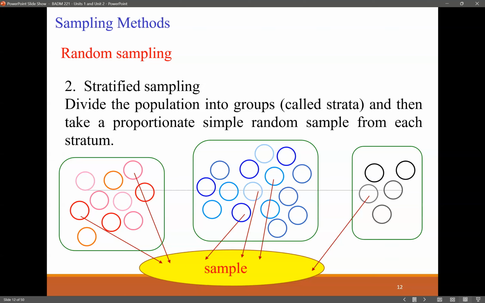Then you choose maybe two from the Philippines, two from India, five from Nepal, and three from Mexico. In that case, you make sure the sample contains students from different countries. That's why stratified sampling is used.